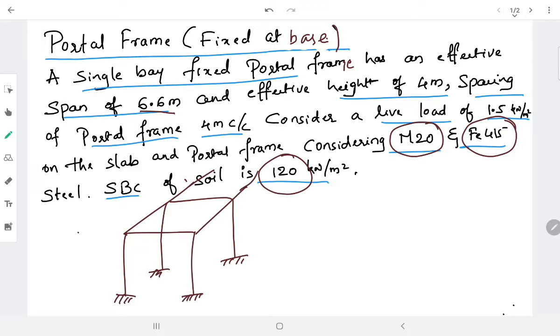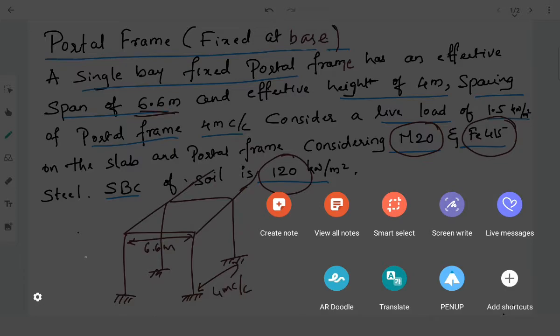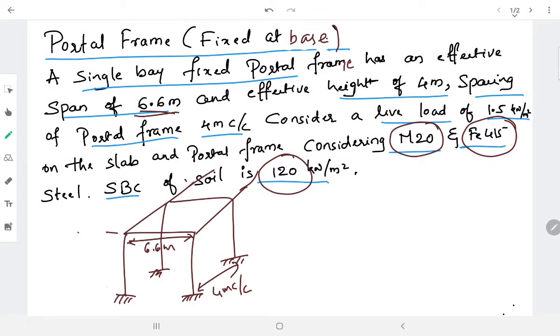In this case, portal frame is spaced at the distance of 4 meters center to center, and span of this is 6.6 meter. It is given. Height of this portal frame is 4 meter.